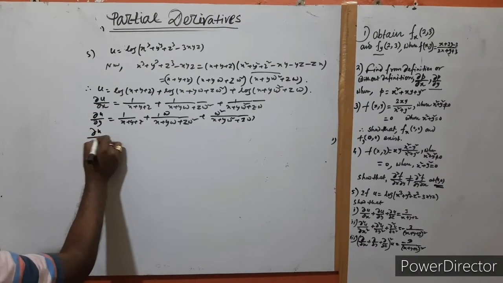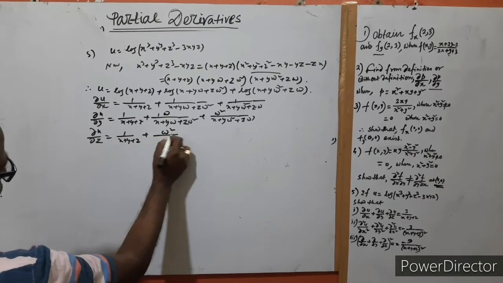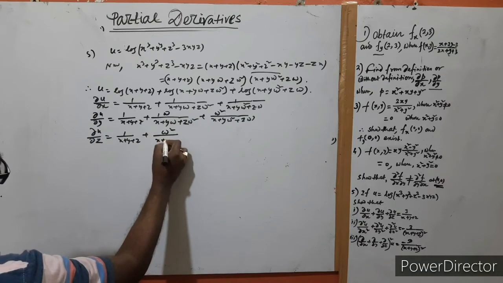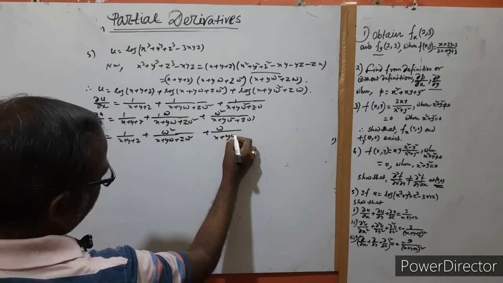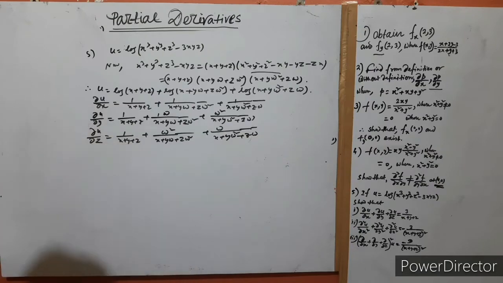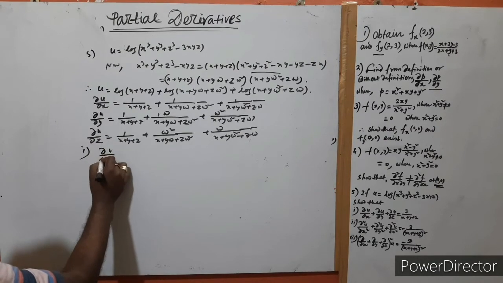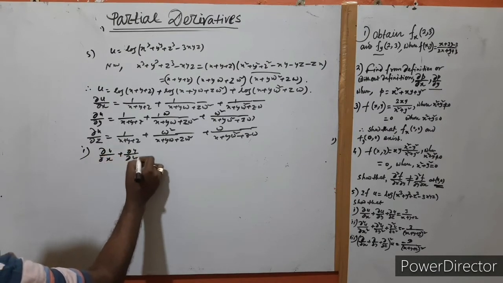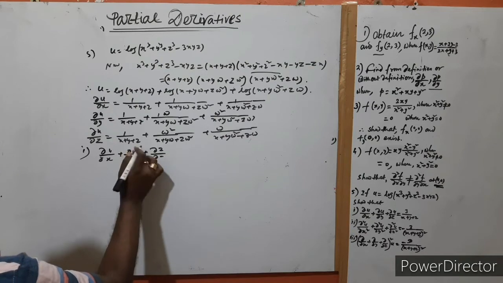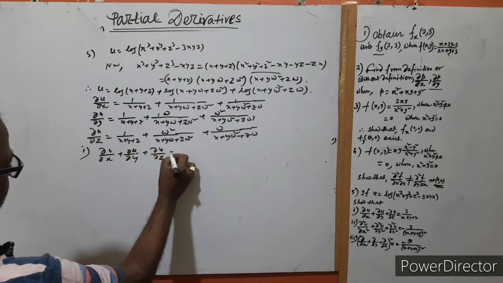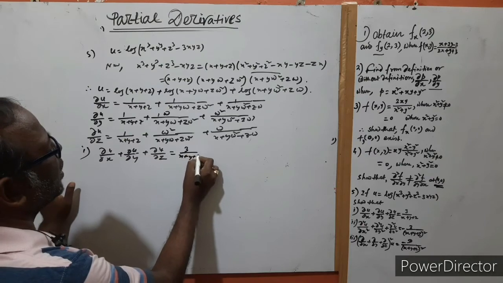Similarly, with respect to z, the coefficient is ω² in the second term and ω in the third. Adding these three, we got the numerator.